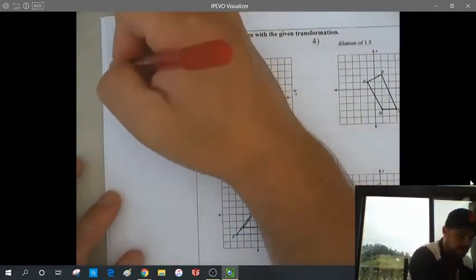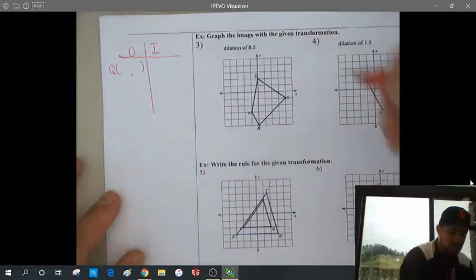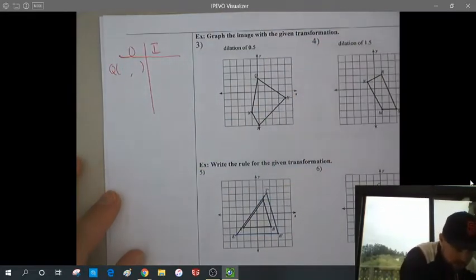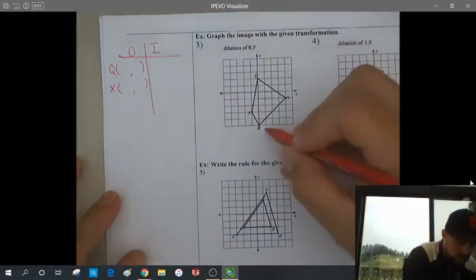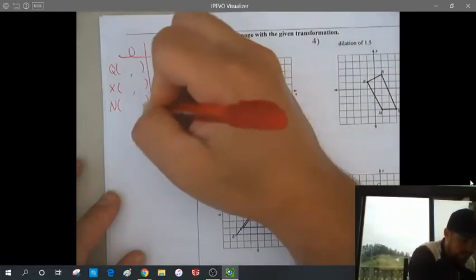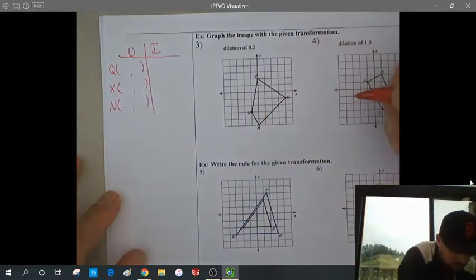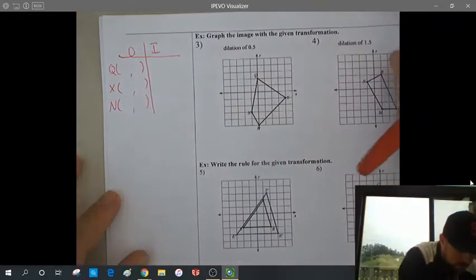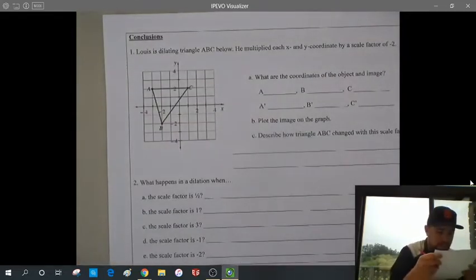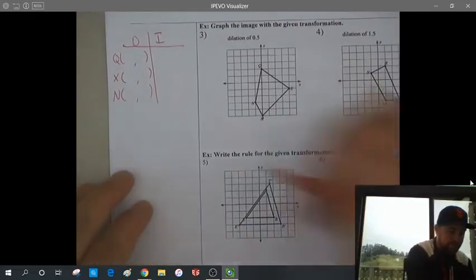So we've got Q, looks like X, N, and can't have two N's, so this one down here must actually be an I. Yeah, it's an I with the arrow next to it.